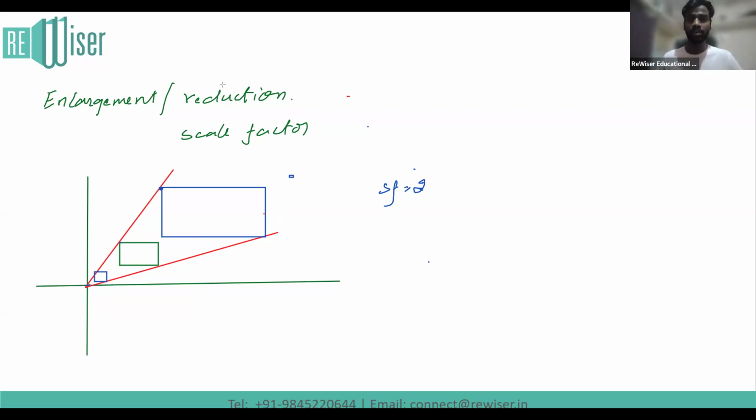Next, if I talk about stretches, under stretches we have the stretches invariant with the x-axis and stretches invariant with the y-axis.